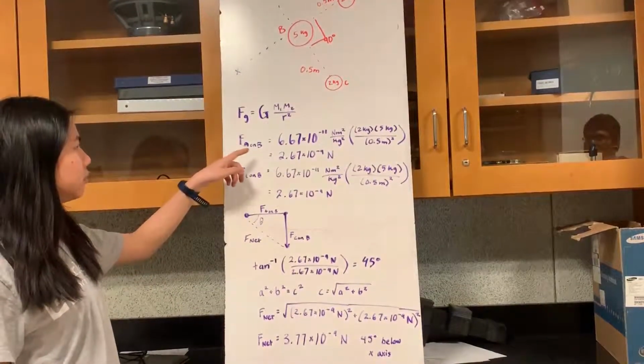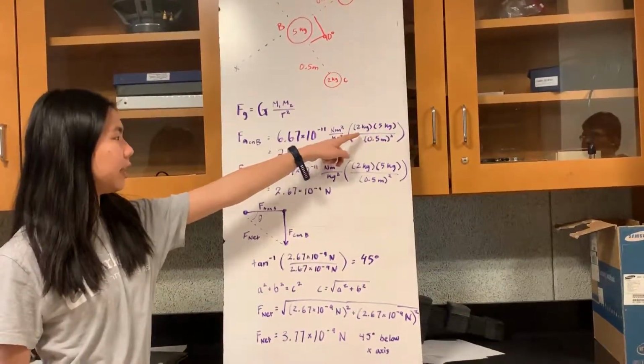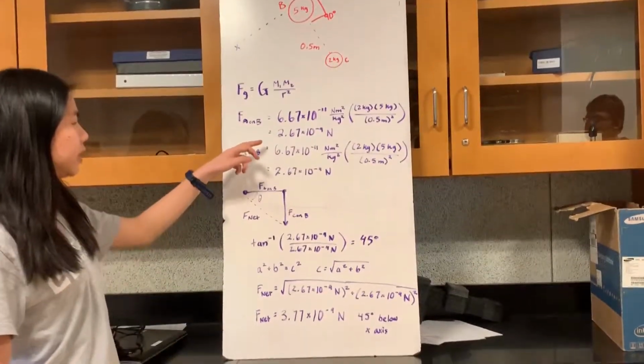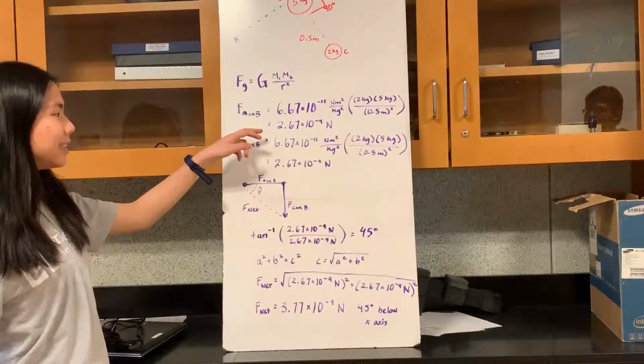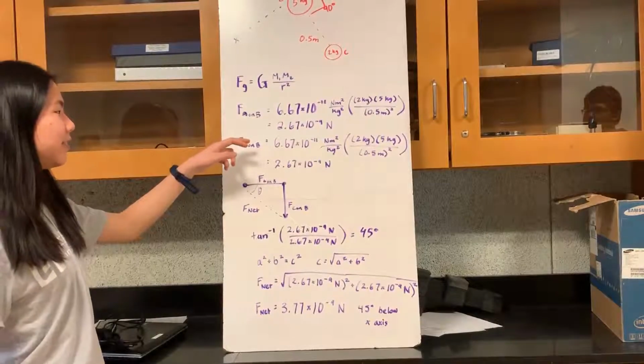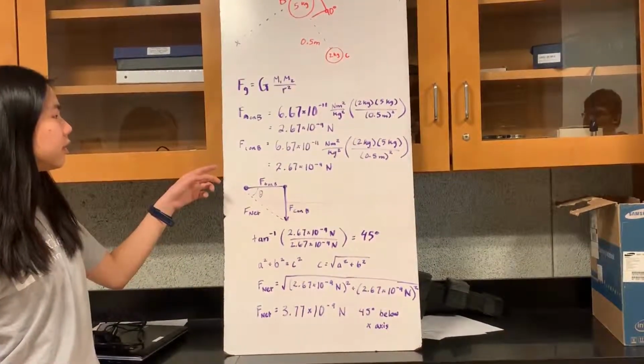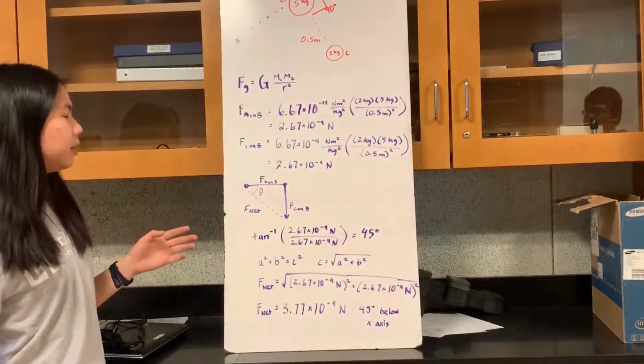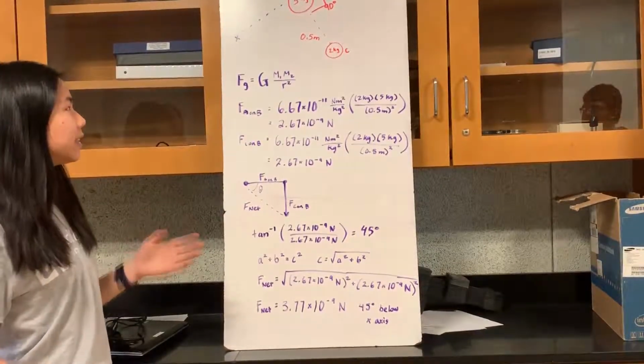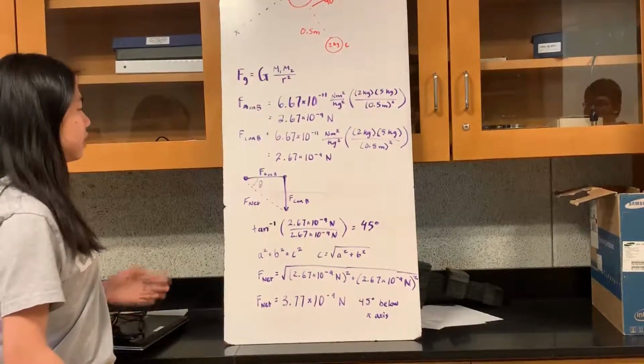So you plug that in for ball A and ball B, and you get 2.67 times 10 to the negative 9 newtons. And the force from ball C on ball B is basically the same since they're the same mass.